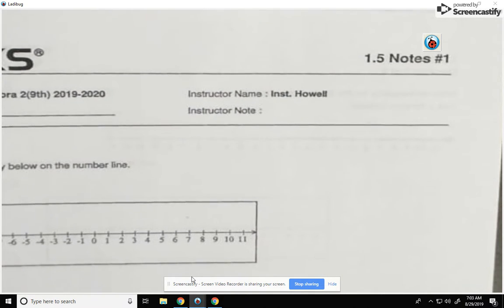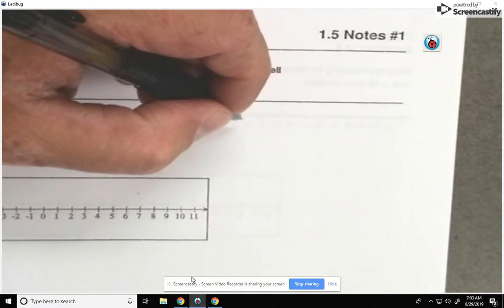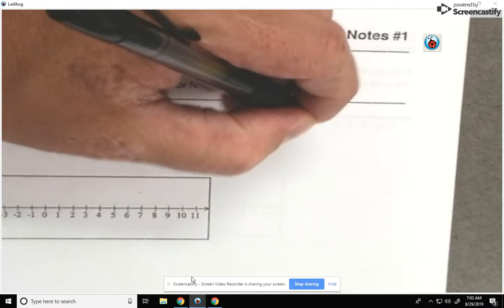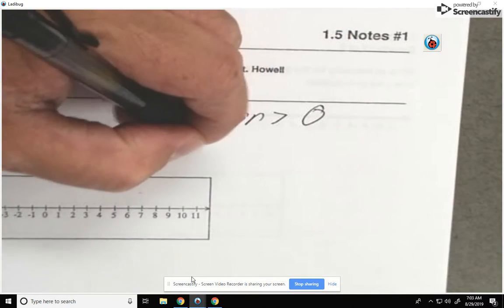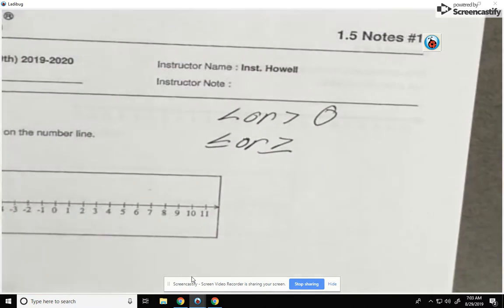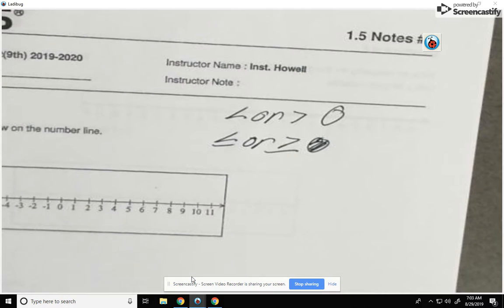So, first off, a couple things about graphing. If you have the greater than or less than symbol, you use an open dot. If you have the equal to part, that is when you use a closed dot.